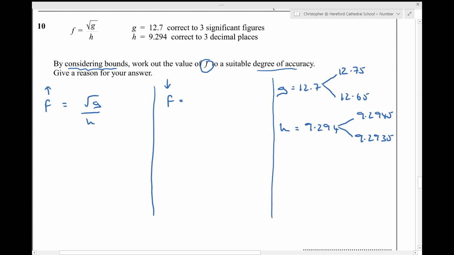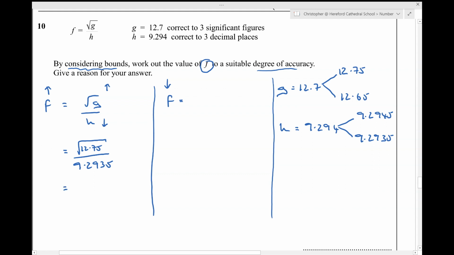So on the left-hand side, working out the highest possible f, I'm going to want the highest possible numerator and the lowest possible denominator. So the square root of g, I'm going to use the upper bound of g. So that's going to be the square root of 12.75. I'm going to divide it by the lowest possible h to give me the highest possible value for f. So let's just work that one out.